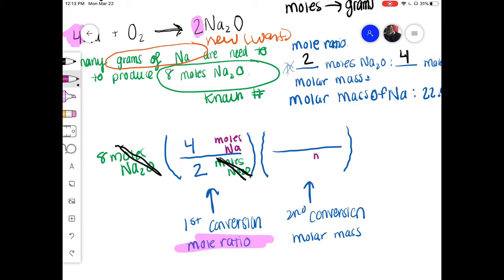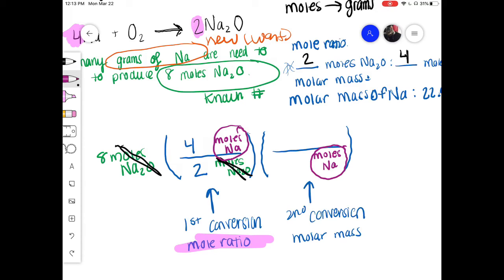So we're going to go ahead and put those on the bottom. So I'll say that again. Our first new unit becomes our second old unit. So whatever unit you have on the top for your first conversion is going to go on the bottom in your second conversion.